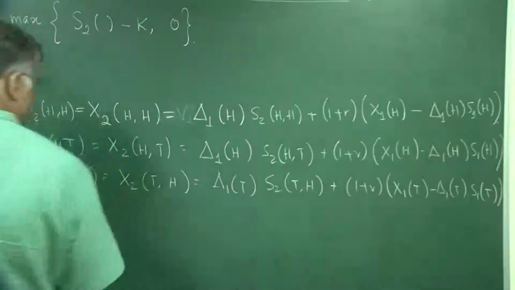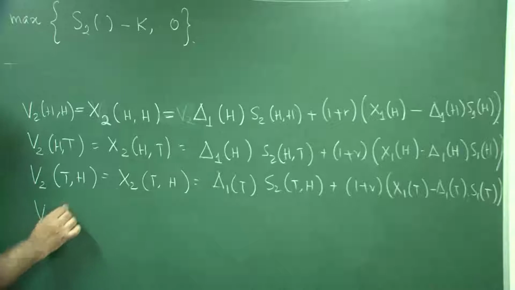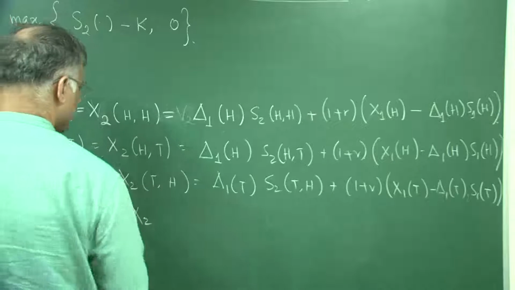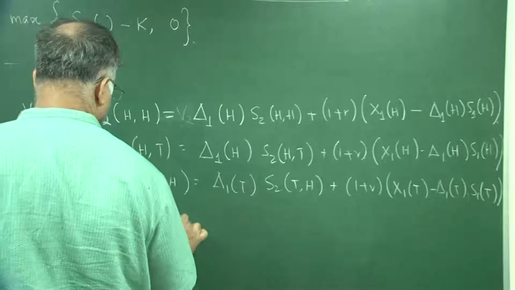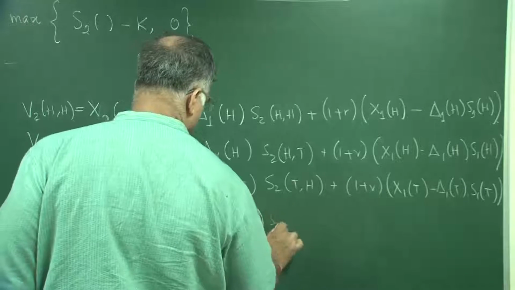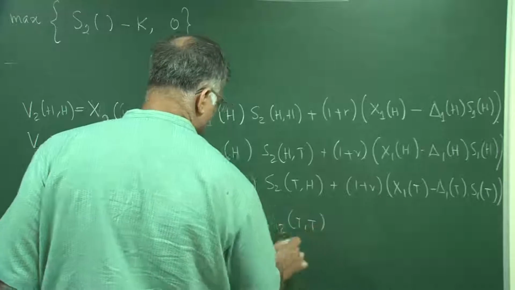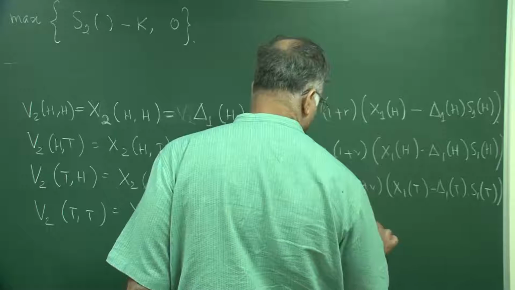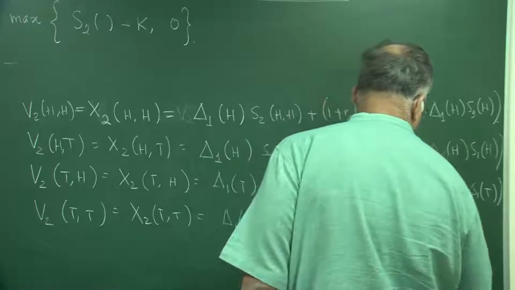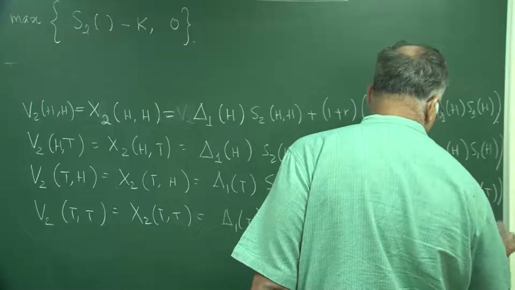The same story will come: x2 TT is delta 1 T S2 TT plus 1 plus R x1 T minus delta 1 T S1 T.